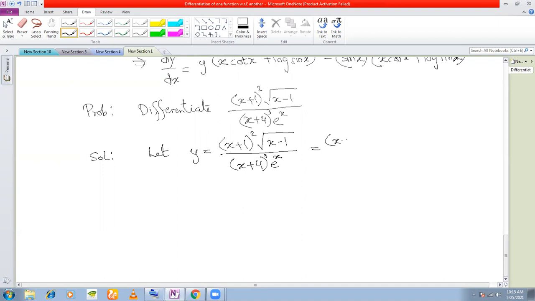That means now you take log on both sides. That means log y is equal to log of all this.